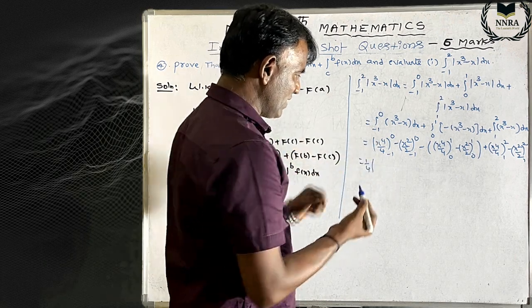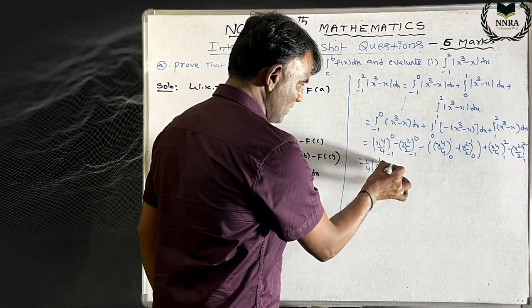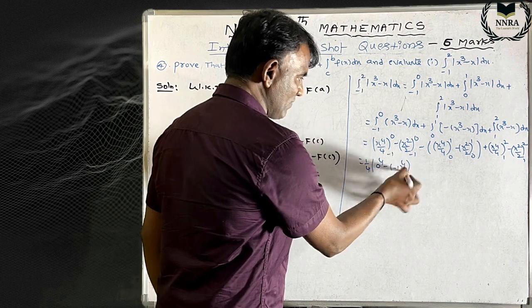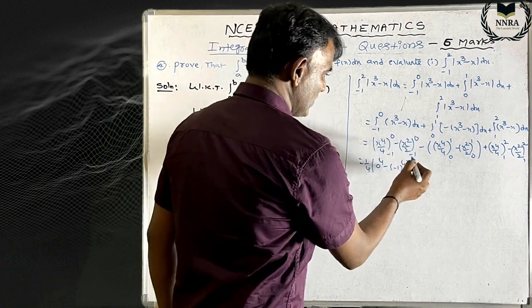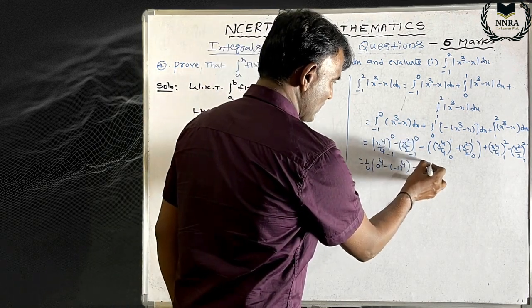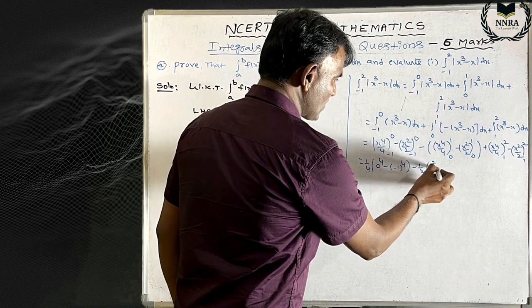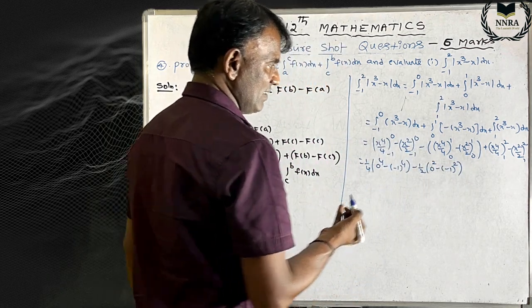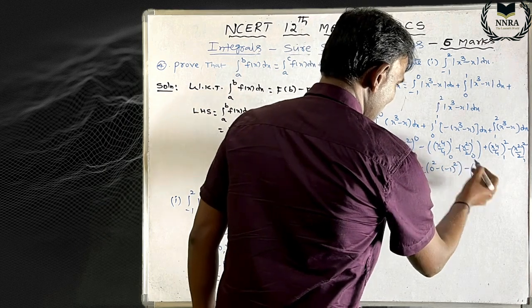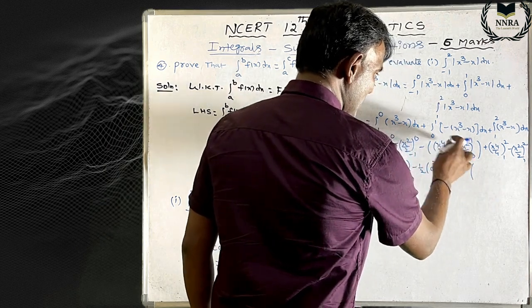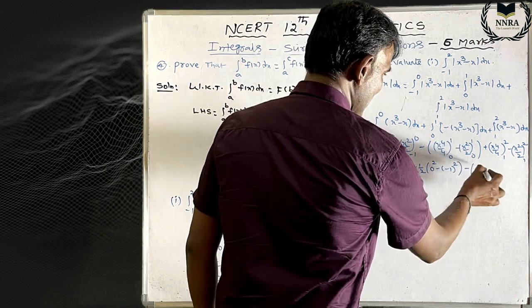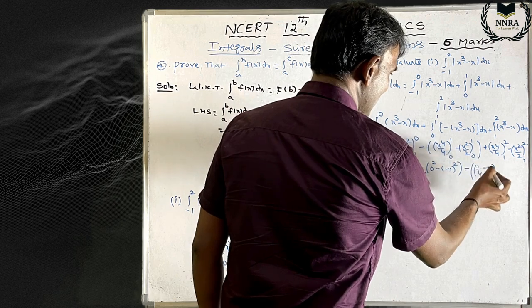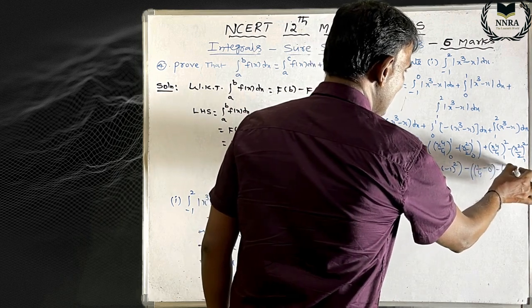So 1 by 4 is a constant, written outside. The upper limit value 0 power 4, lower limit value minus 1 whole power 4. And coming to this 1 by 2, the upper limit value 0 square, lower limit value minus of minus 1 whole square. And minus of, here the upper limit value is 1 by 4, minus lower limit value 0. Then it is 1 by 2 minus 0.